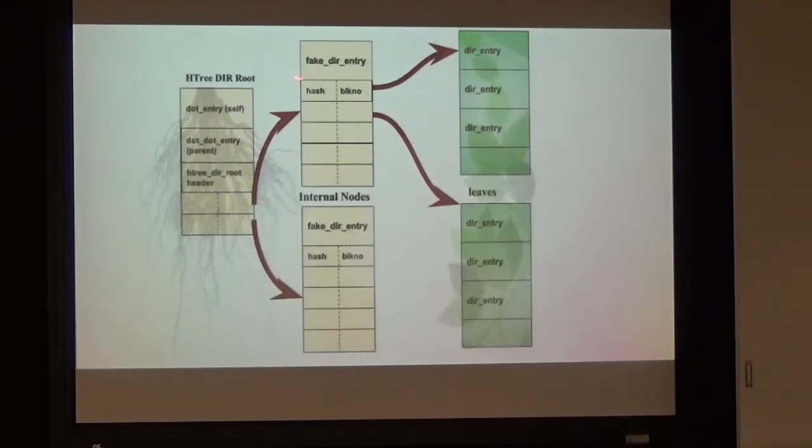And there is a fake directory entry concept which is used to support backward compatibility with the Ext2FS directory structure. So here we have a fake directory entry, which will act as an entry to a deleted file.